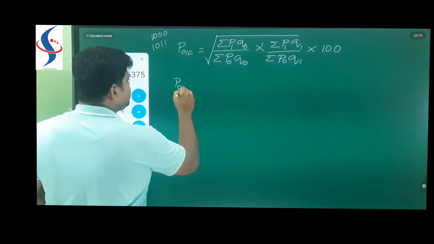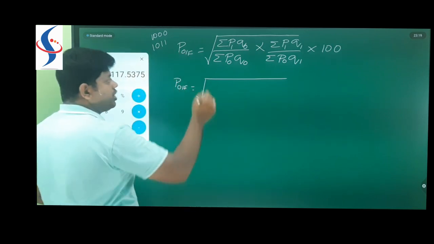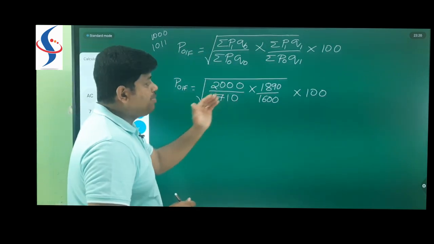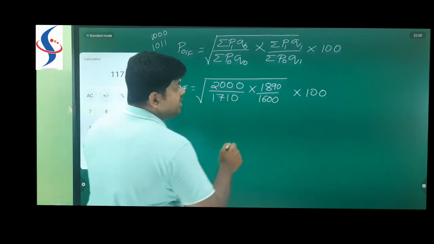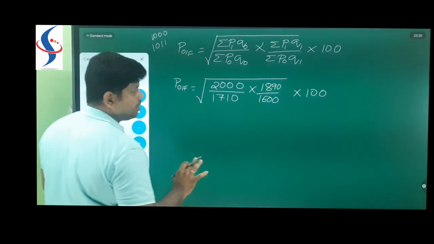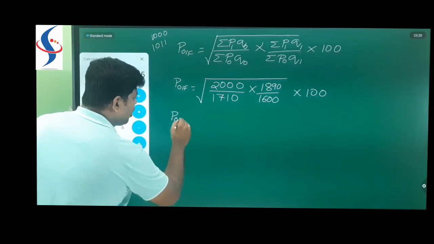So let us now substitute the values from the table into this formula, then calculate. From the table I substituted the values. You should remember this square root should not cover this 100. Now calculate. What are the steps?